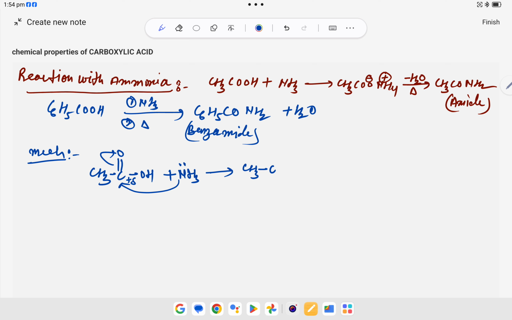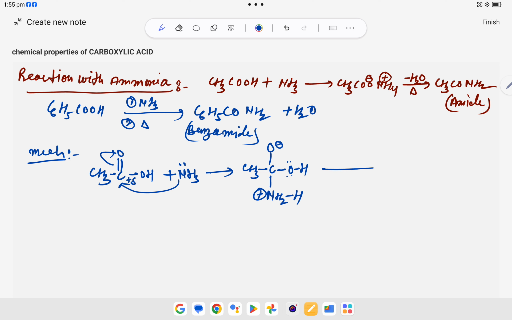Then CH3 C, oxygen is having negative sign, and OH, oxygen is having lone pair, and this C NH2 is attached, nitrogen is having positive sign, NH3, one H with the single bond I wrote.